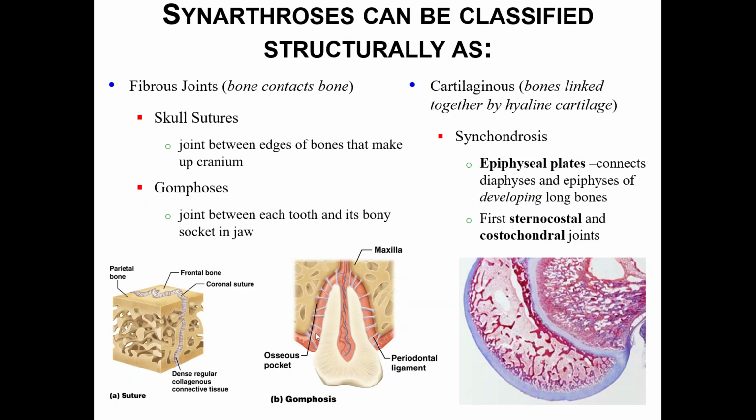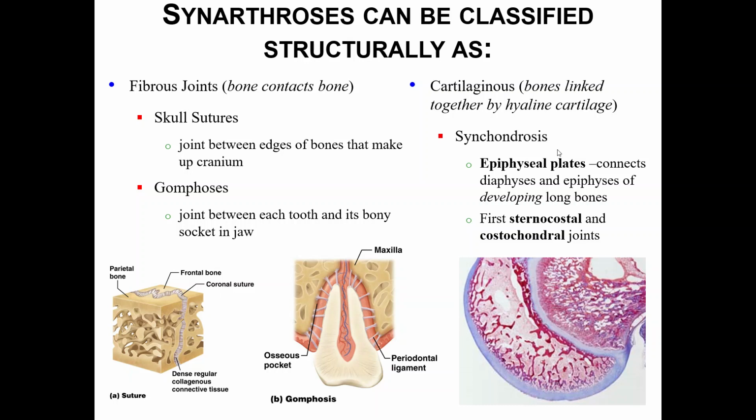You've probably never really thought much about it, but we do in fact prefer if our teeth aren't super loose in our mouths, because that would make it much more likely that our teeth would just fall out, and that would be awful. And so this is a type of fibrous synarthritic joint. We don't want a whole lot of movement there. Now, cartilaginous joints, again, these are all synarthroses, so we are not seeing movement here.